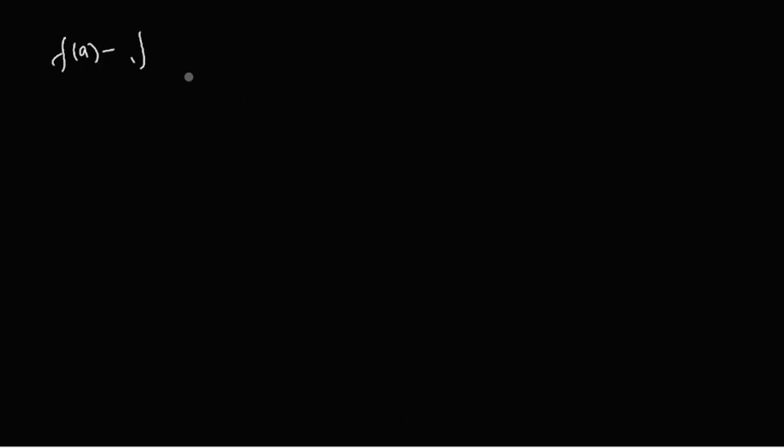Mod of f of a minus f of b. Okay guys, so we can write here again, simply, mod of f of a minus f of b, modulus, less than or equal to what?